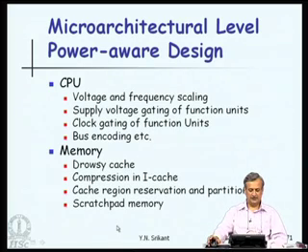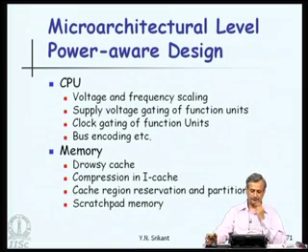So, for example, the CPU and memory are the energy guzzlers in a computer system. On the CPU front, we can use voltage and frequency scaling, change the voltage and frequency of the CPU. We can use supply voltage gating of function units inside the CPU.